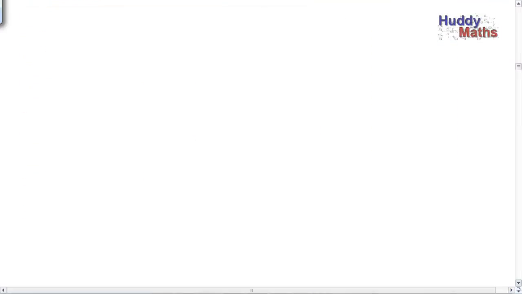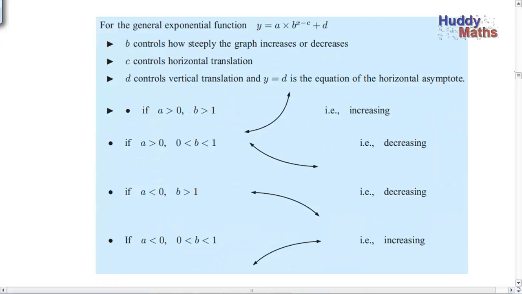And we've just got a little summary down here. Okay, general exponential function. We've started to play with numbers in front, different numbers to raise to a power, taking something away from the power and adding something on the end. Can you see how powerful this model will be?